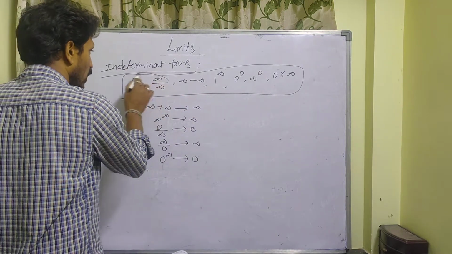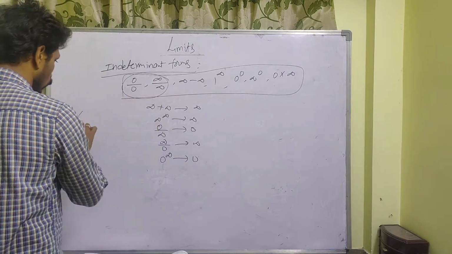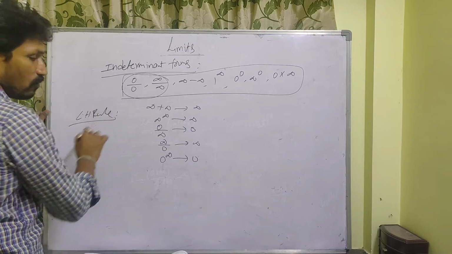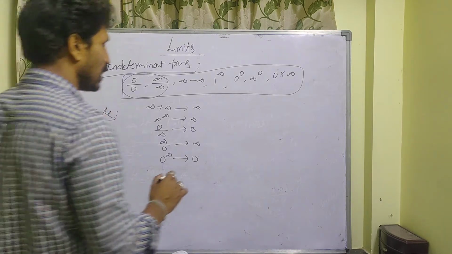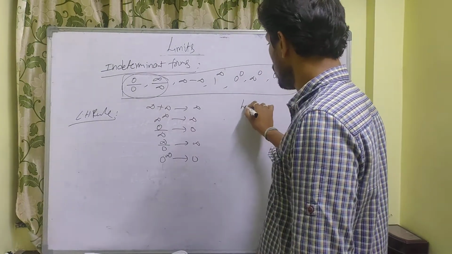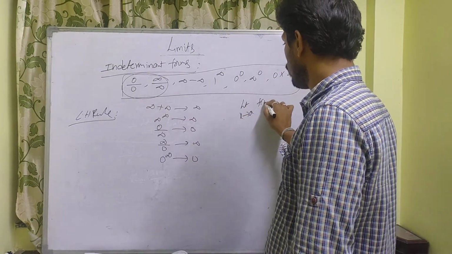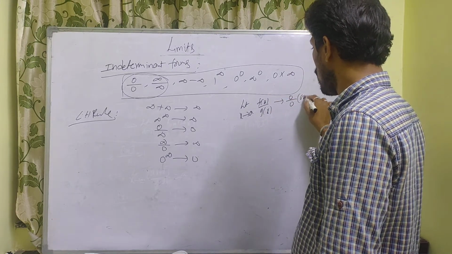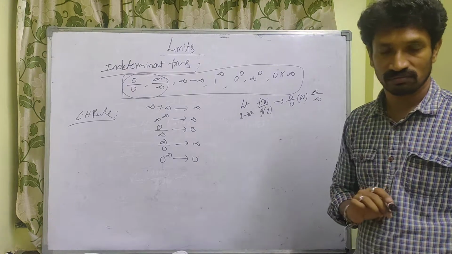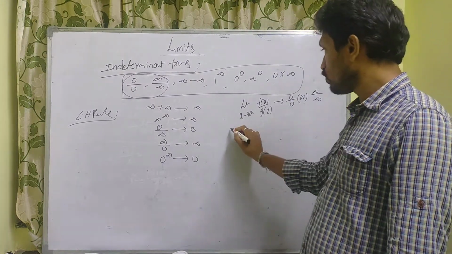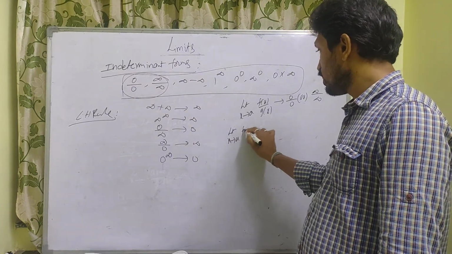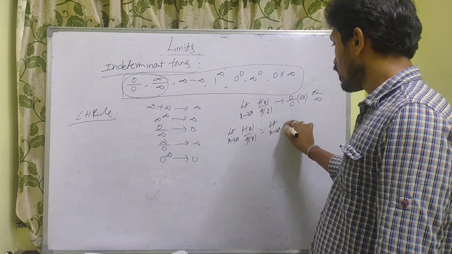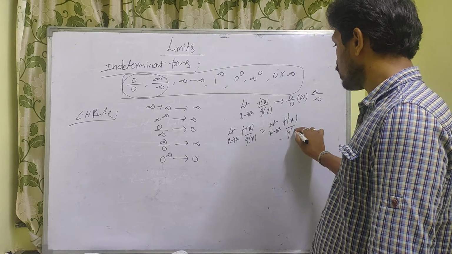So based on this, whenever you have 0 by 0 form or infinite by infinite, we have to apply L'Hospital rule. You know very well the L'Hospital rule. So what is L'Hospital rule? It says whenever limit x tends to a of f of x by g of x becomes 0 by 0 or infinite by infinite, then limit x tends to a of f of x by g of x is nothing but limit x tends to a of f dash of x by g dash of x.